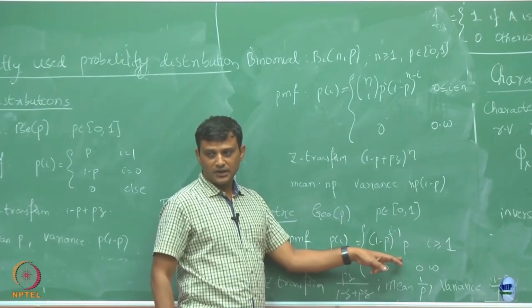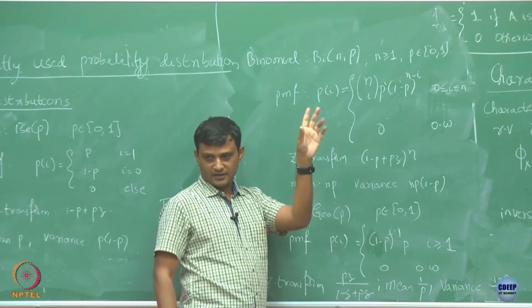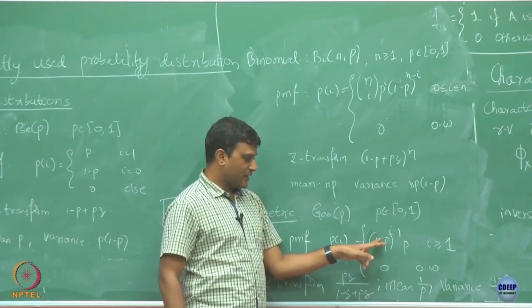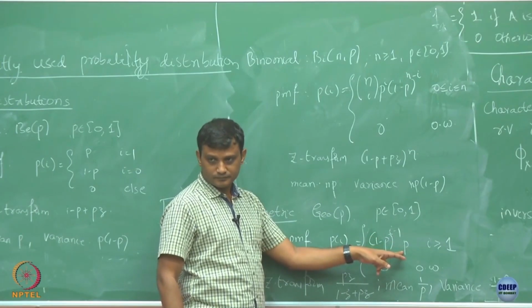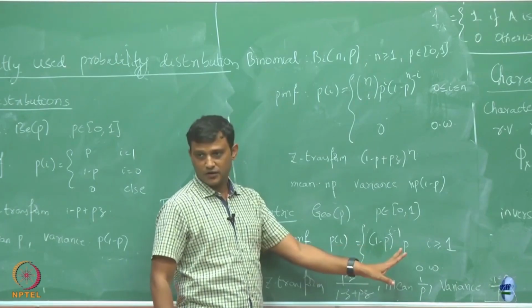So if I want to ask the question, what is the probability that i equals 3, this says that it is going to be (1 minus p) squared and then p. And any other values are going to be 0.